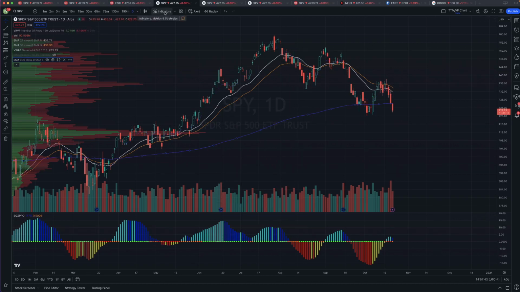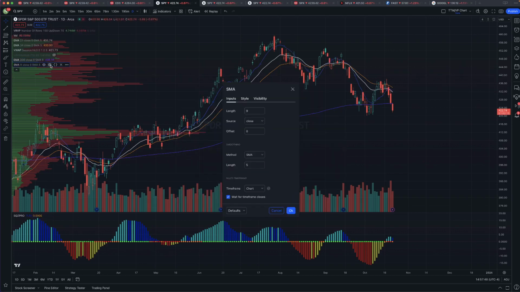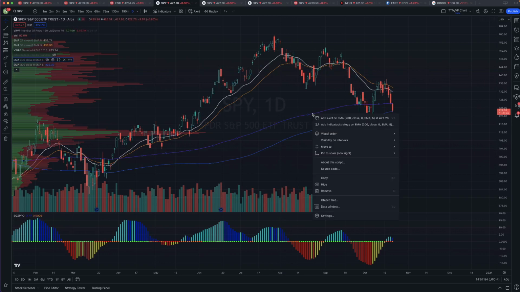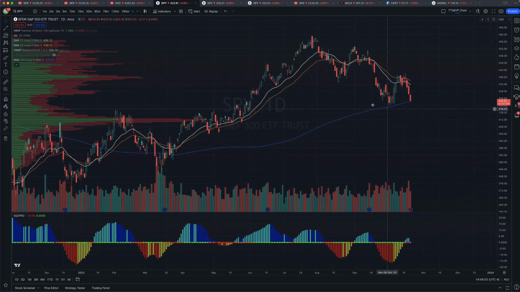Hold on. And we need to put the 200 on here. There it is. We're coming into the 200 simple moving average. I think we should find some resistance here.